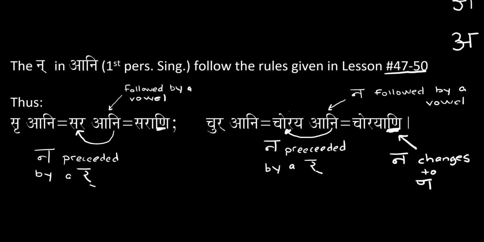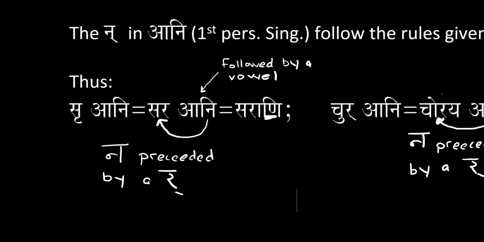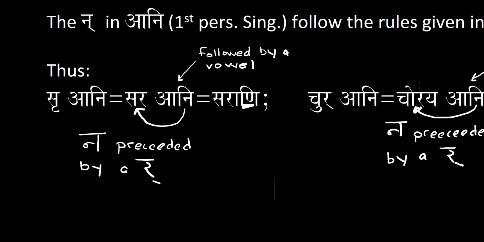So here are some examples. Smri, for example, means to remember. If I wanted to put this in the imperative, I remember, I would want to say smarani with the cerebral, sararni, because as you can see here, the ni is preceded by the ra in sar, after smri becomes sar after taking guna in the first conjugation.